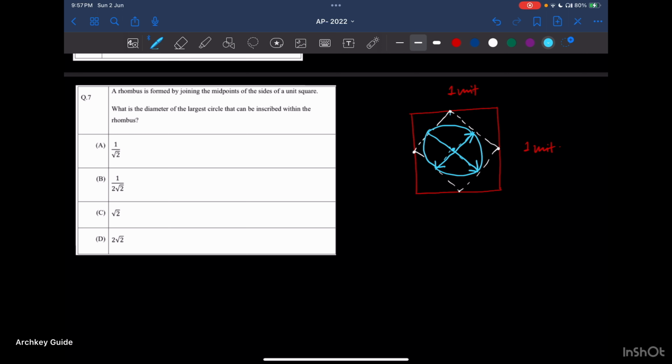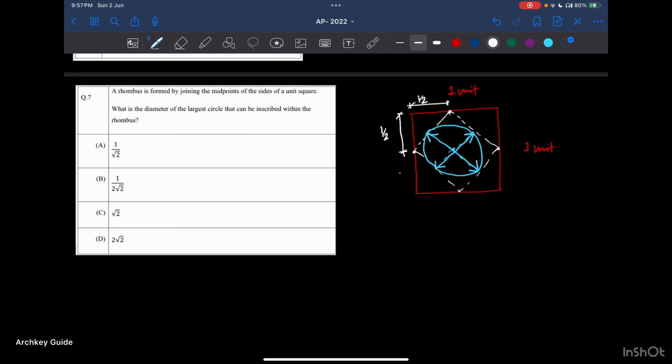The question said that the square is of a unit, it's a unit square, right? So one. And since the rhombus is made out of the midpoints, this is going to be half unit. This will also be half unit. Similarly, all the sides. So do you see one thing?